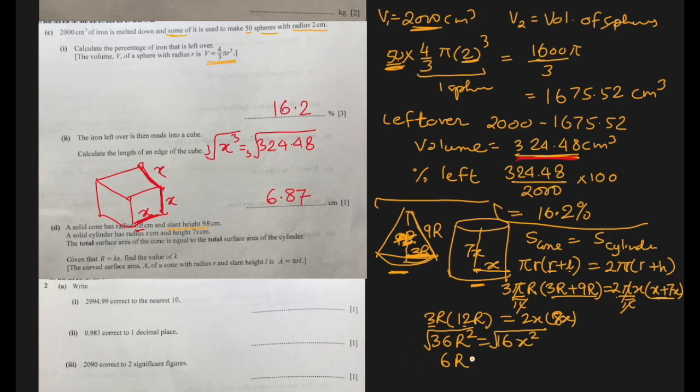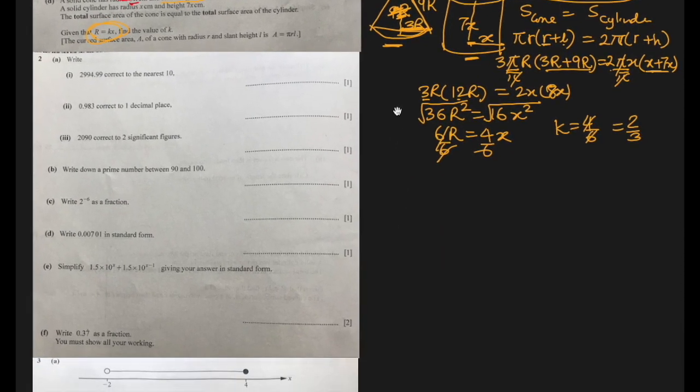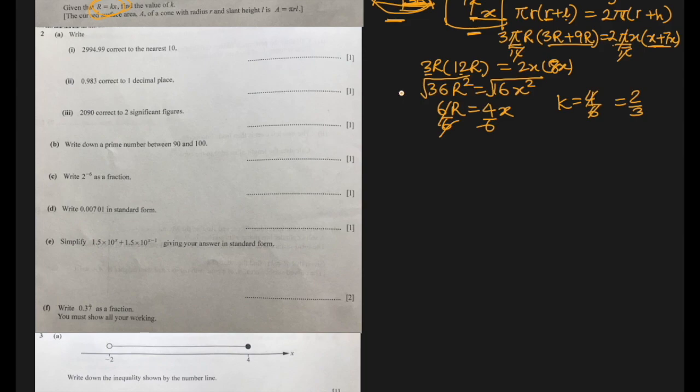So 6r equal to 4x, and negative we are ignoring because square root of any number is positive and negative, but because lengths can be positive only, so we'll be dealing with positive. We don't want anything in front of r, so we'll divide it by 6. So r is 4 over 6 x, that's what it is. Find the value of k. So k is 4 over 6, which can be reduced to 2 over 3. That's the relationship. So let's move on to question number 2, part A.